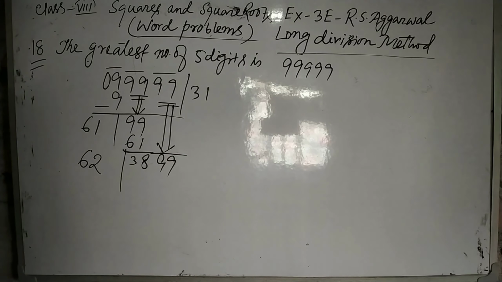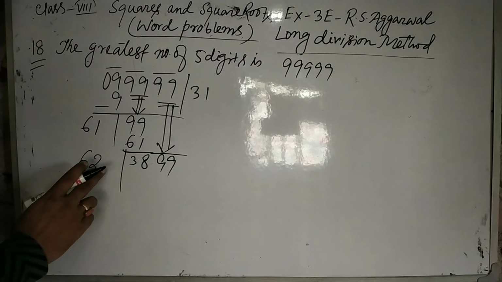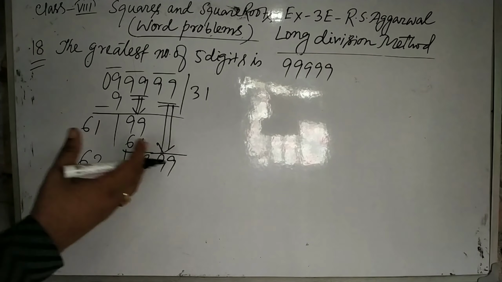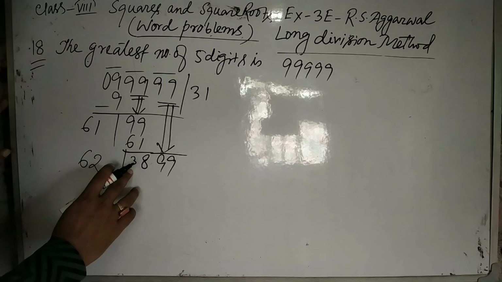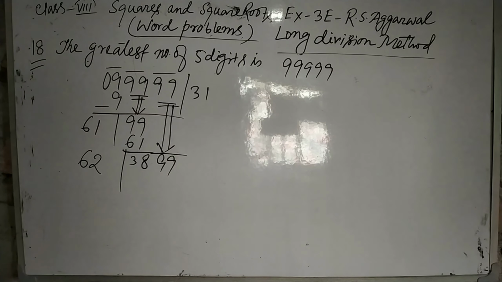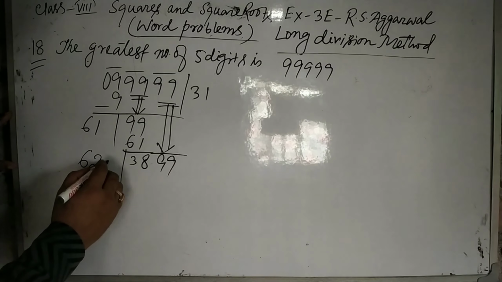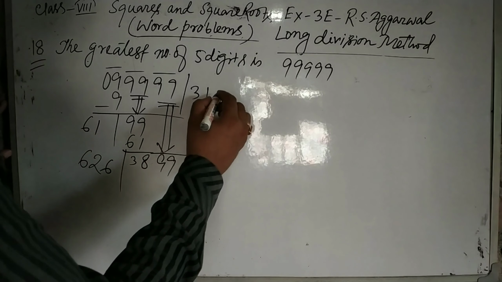Okay. Now check. If we write 6 over here, take a bigger number. Why? Because the number is 3899, quite big. So let us start with 6 and check what happens.